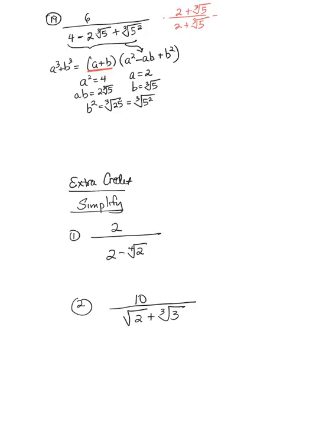And when we multiply those, we get 6 times 2 plus the cubed root of 5 over, and now the product of these two would be our A cubed plus B cubed.